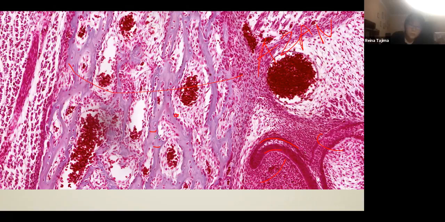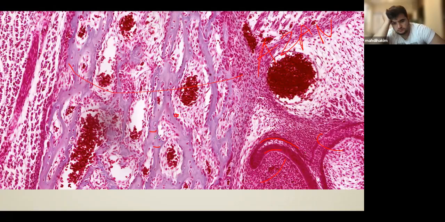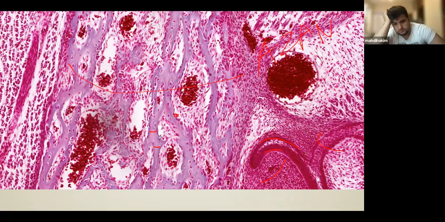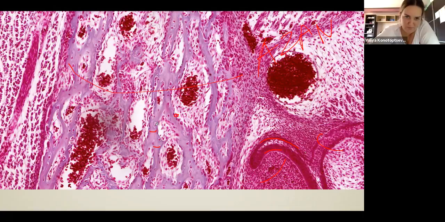Collagen. Which one? Type 1. Very good. This is bone, so collagen type 1 in this bone matrix gives this hint of blue, right? Which cells are here? Chondroblast. Nope. In the bone. Osteoblast. Nope. Look at where I'm pointing.